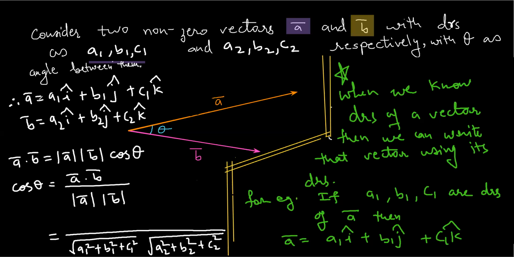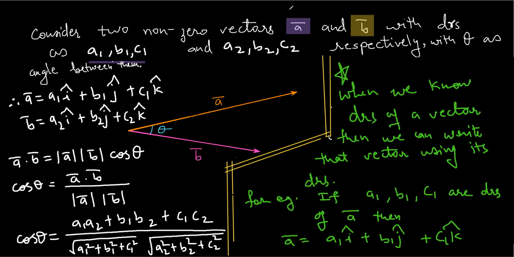See students, what will it be? It will be A1 A2 plus B1 B2 plus C1 C2, right? Yes, sir. So we will have here A1 A2 plus B1 B2 plus C1 C2. This is cos theta.